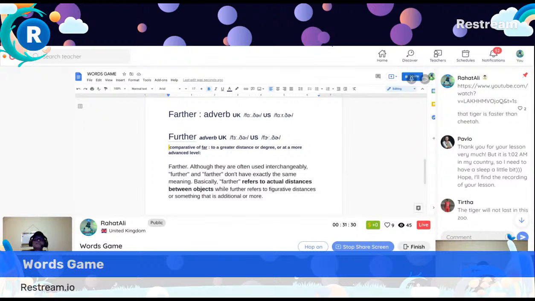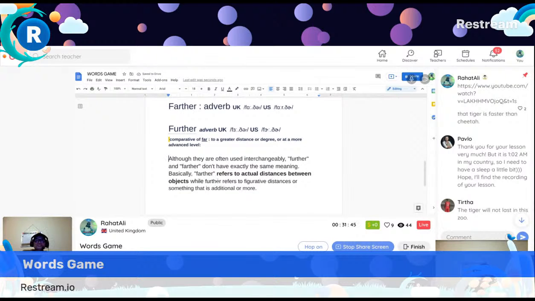Okay, so the tip I have for you. Farther and further, although they are used interchangeably, they are not used in the same meaning.